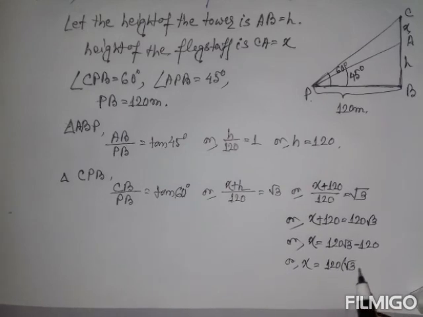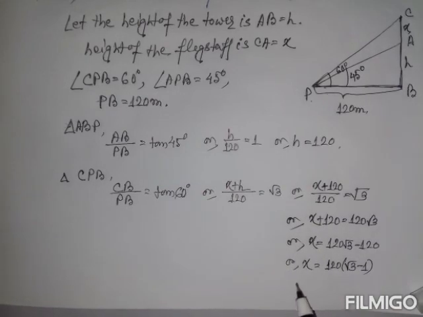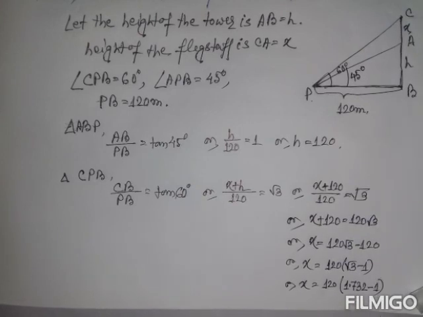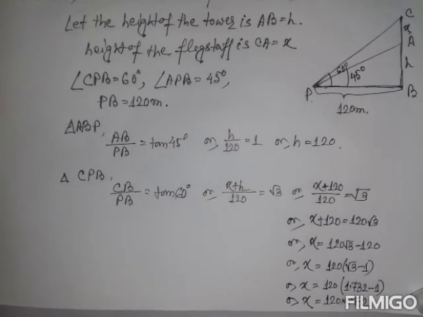X is equal to 120 into root 3 minus 1, or X is equal to, if we put the value of root 3, 1.732 minus 1, or X is equal to 120 into 0.732. Okay, 0.732.